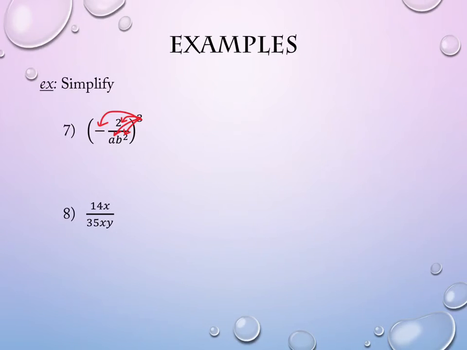So we encountered this idea of multiple negatives in the last section. If I have 3 negatives multiplied, will I get a positive or a negative value? Negative. It will be negative. So my answer here is going to be negative. On the top, I have 2 cubed. I'll just write it as 2 cubed for now. If you want to write it automatically as 8, that's great. On the bottom, I have a cubed.